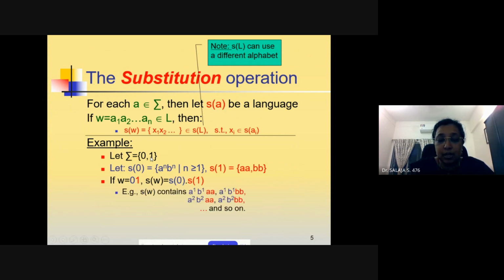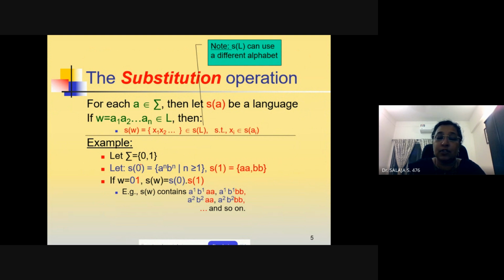So for example, if I take sigma to be 0 and 1, substitution of 0 is a^n b^n, which is a language, and substitution of 1 is aa and bb. So what if a word is being generated as 01? How do I substitute it? I substitute it saying that S of w will be obtained by S of 0 with S of 1.